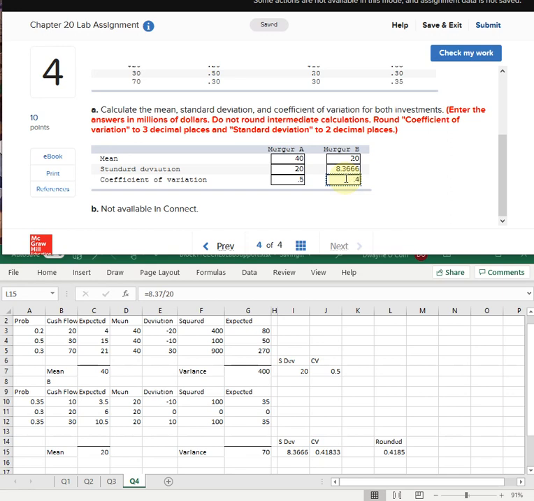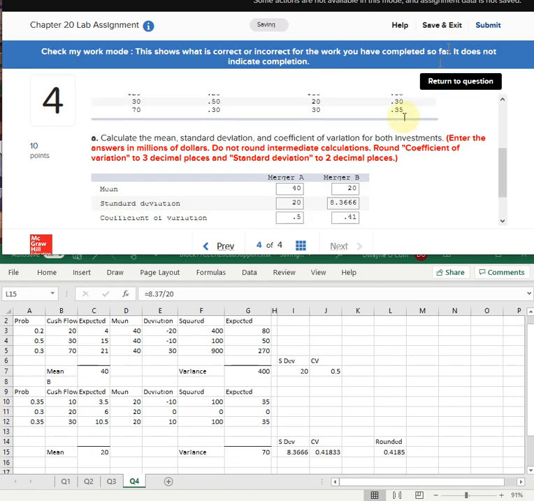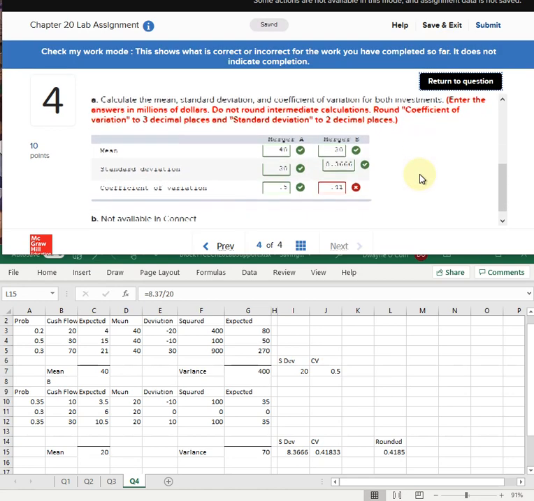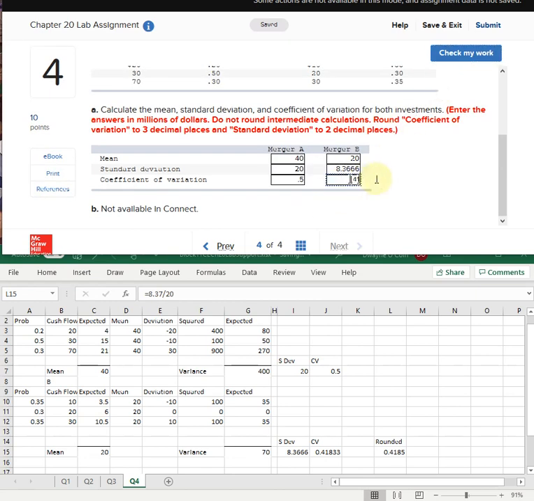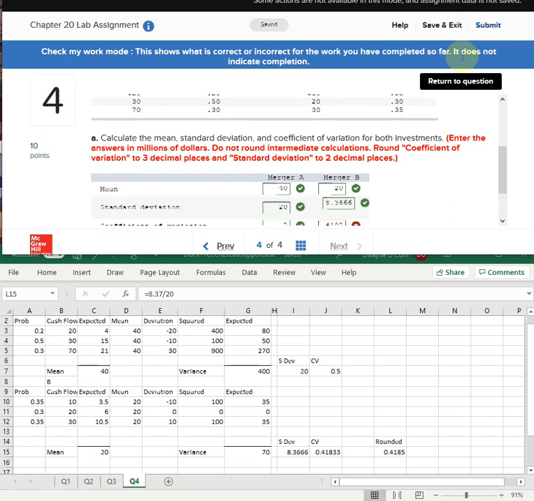The only other thing I can think of is if they always round down. So let's try 0.41. Didn't like 0.41 either. This is a bit of a puzzle. Let's try 0.4185 and see if that makes them happier.